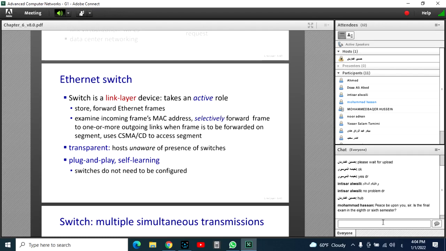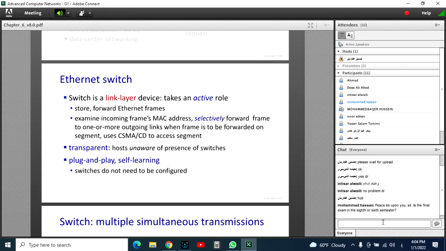One more thing. Switches never change the contents of frames. Never. In a router, as we talked, when a packet arrives at a router, the router will handle the header of the packet.